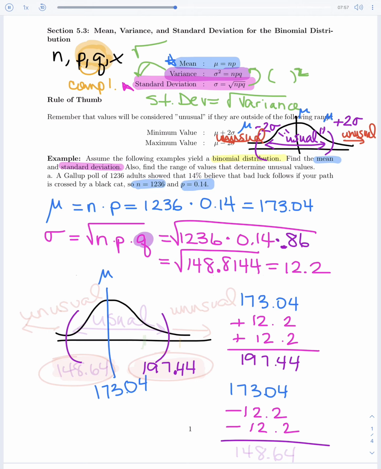And we get 148.64. So that'll be our lower end, 148.64. So anything that's in the middle here will be considered usual. Anything on the outsides will be considered unusual.